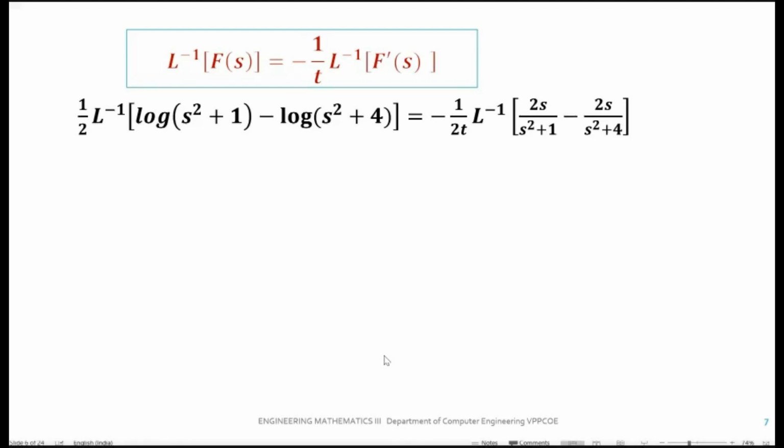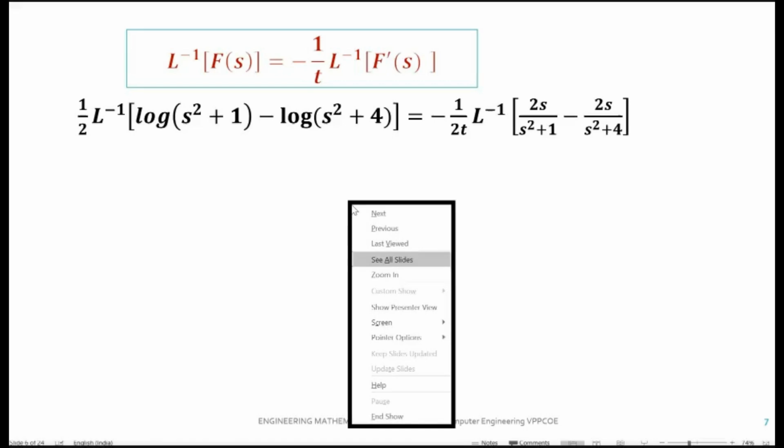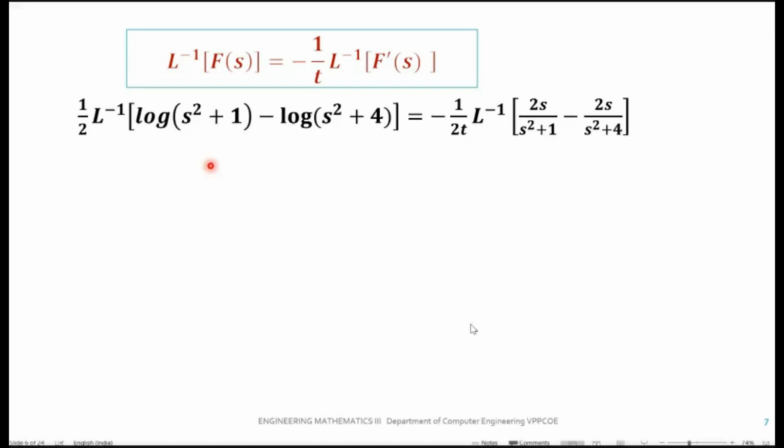Minus, whatever is the function we have here, we have to differentiate this function, okay? So the derivative of log of s square plus 1 is 2s upon s square plus 1, similarly log of s square plus 4 gives 2s upon s square plus 4. Now we have to find the L inverse of both. 1 by 2 is the constant which can be taken outside.